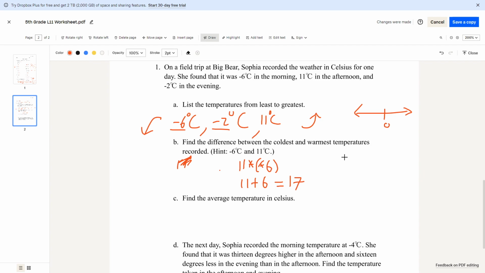A better way to explain this would be to demonstrate 1 minus negative 1. You can think of negative numbers as the opposite of a number, because for example, if I have 1 and negative 1 here on the number line, they're on opposite sides, but they're the same distance apart.